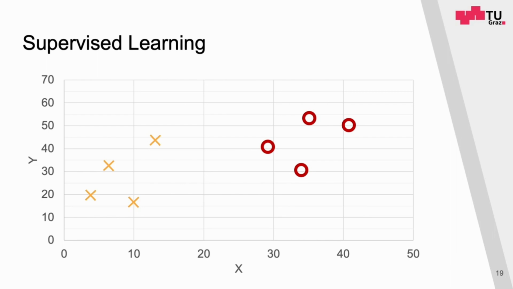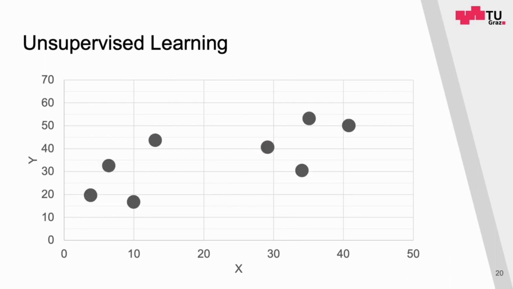On the other hand, in unsupervised learning, we only have the raw data without any labels. And can you find some structure in it? And if yes, then you basically have applied unsupervised learning. And what you did is you extracted patterns out of the data.